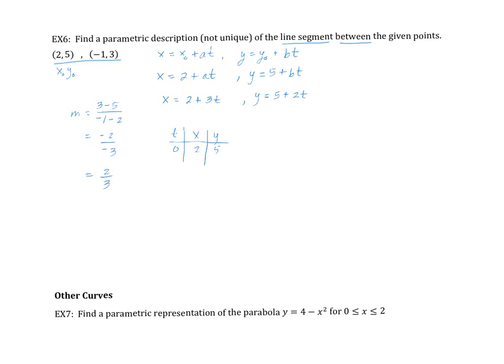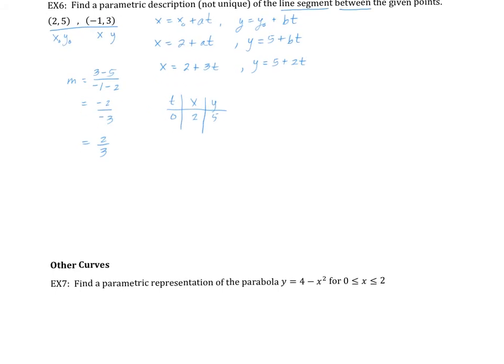Well, I have this equation. I'm trying to figure out that t value, and I know my x value is going to be -1 and my y value is going to be 3. So if I simply put in -1 for x and 3 for y in my equation, then I can solve for my t value.